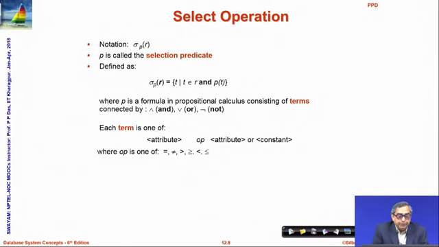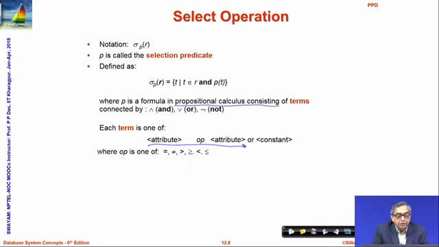P here particularly is a propositional calculus formula or expression, where we have different terms that are connected by conjunction or and, disjunction or or, and negation or not. And each term by itself could be something like this.